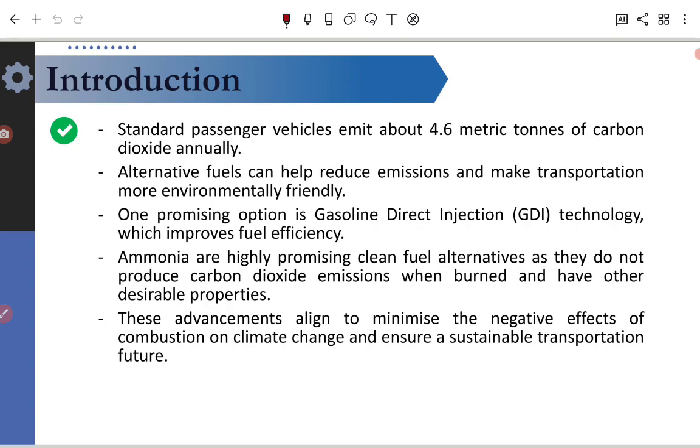We found it a highly promising clean fuel alternative, as it does not produce carbon dioxide emissions when burned and has other desirable properties. So, to minimize the negative effect of combustion on climate change and ensure a sustainable transportation future, I will study the characteristics of a gas direct injection engine with liquid ammonia that we will spray directly into the combustion chamber.